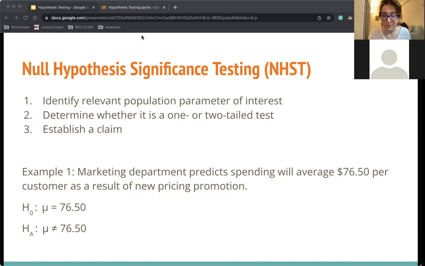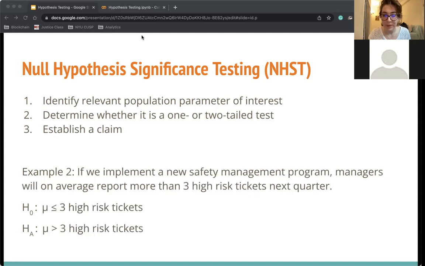Okay. I just bring that up because right now, this is just establishing how we take a claim and translate it into something that's testable, where we can start to have evidence to either support our claim or support the null hypothesis.